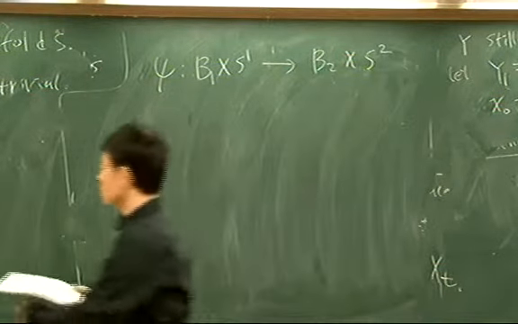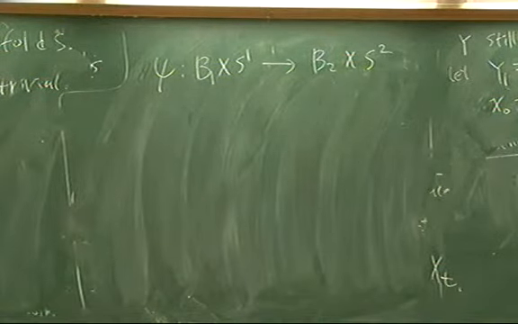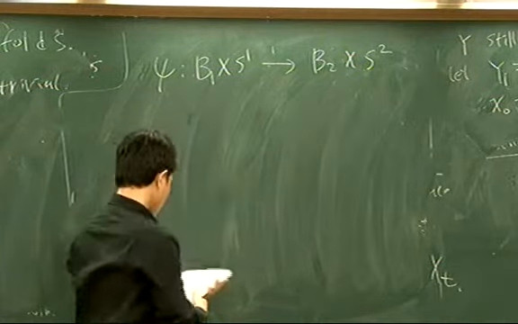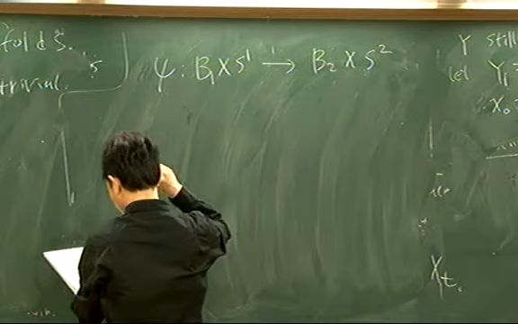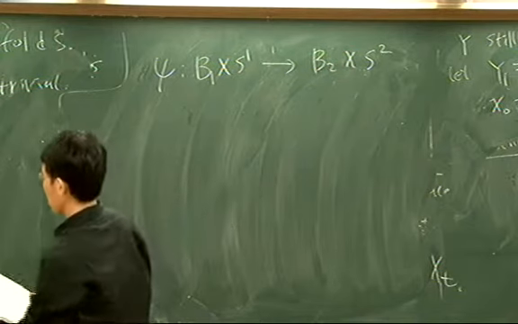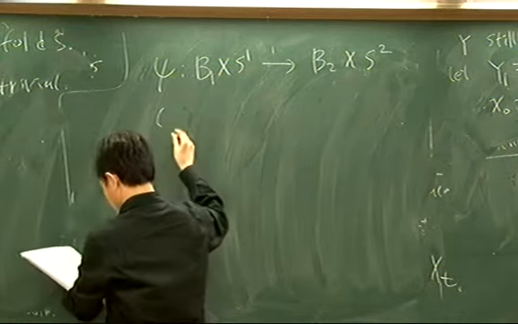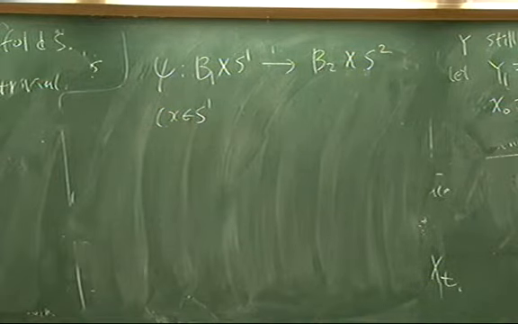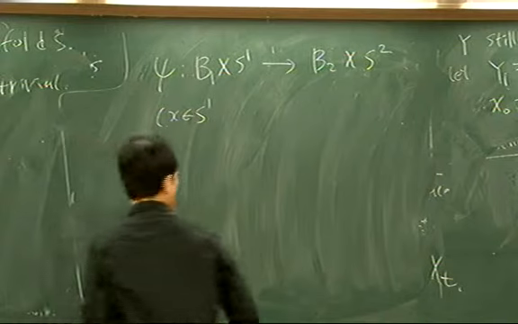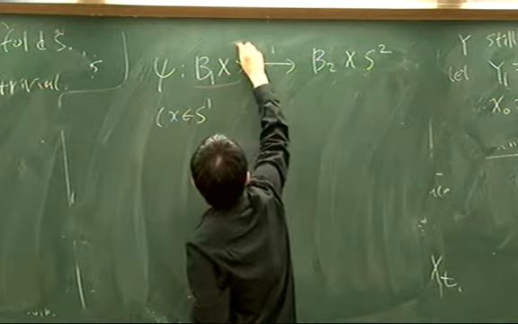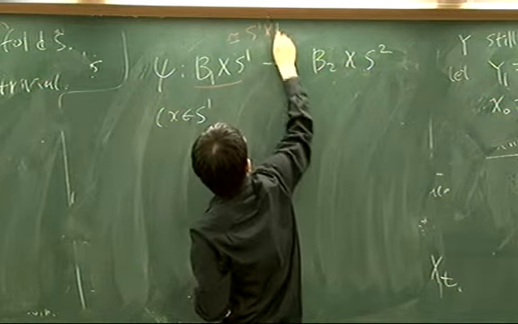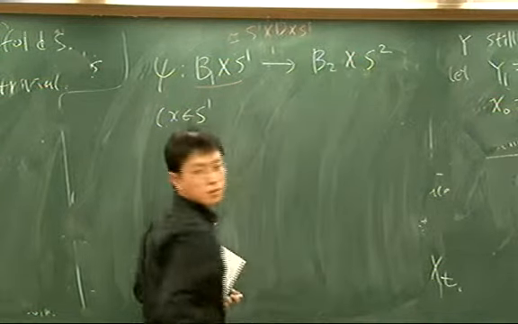Note that B1 itself has a factor of S1, but we still multiply by another factor of S1. The map is defined like this one: this is isomorphic to S1 times D times S1.